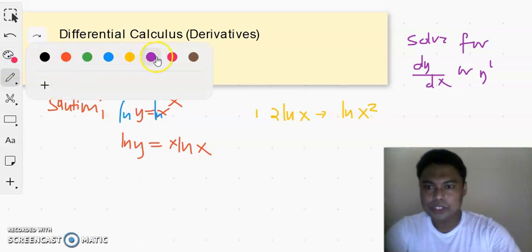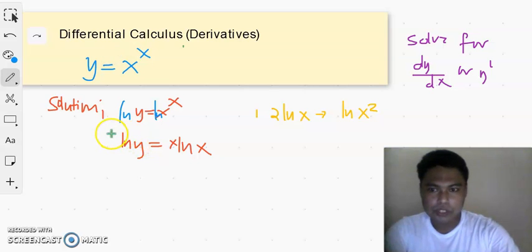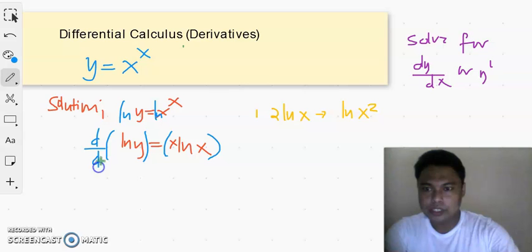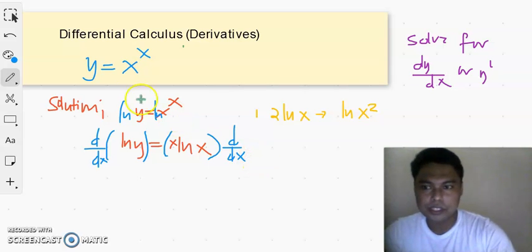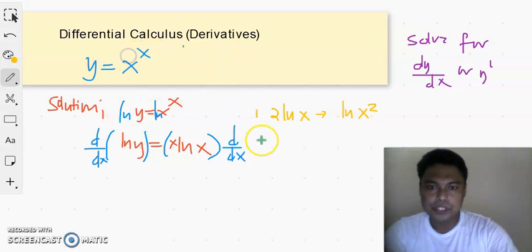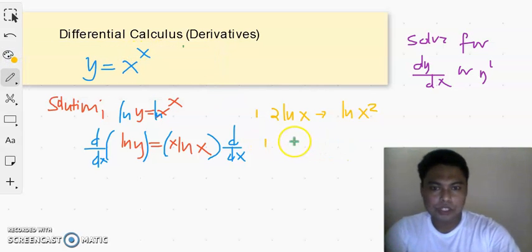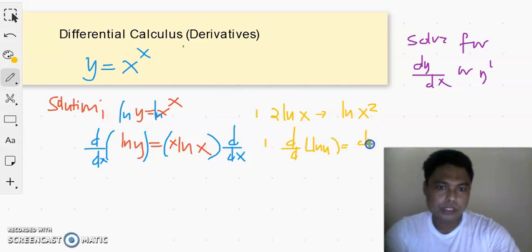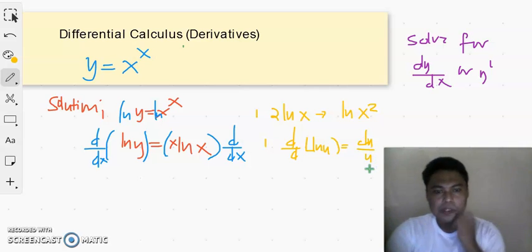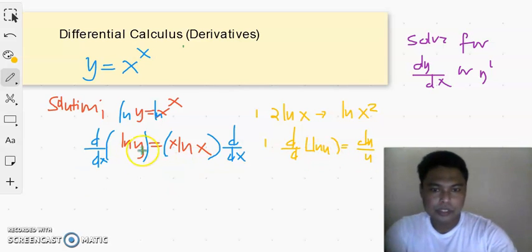And then we're going to differentiate both sides with respect to x. This is d over dx. Have you observed that the derivative of ln u is du over u?